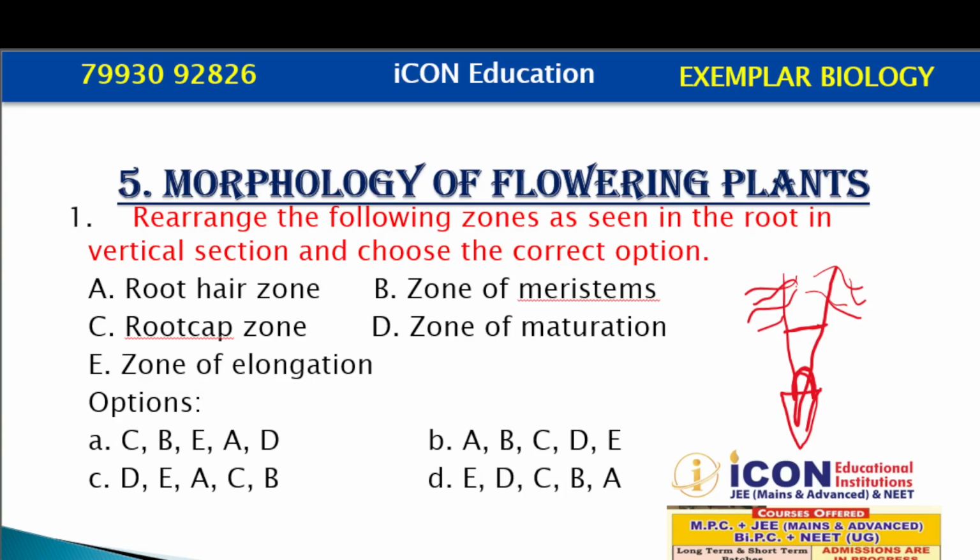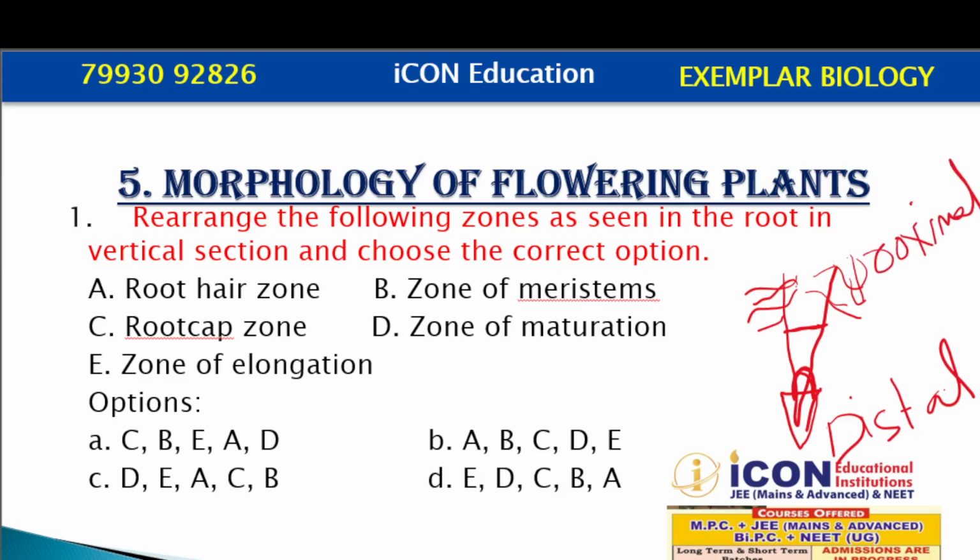What you need to do is arrange them in the systematic order. You also should know that this tip region is called distal end, and this region is called proximal end.